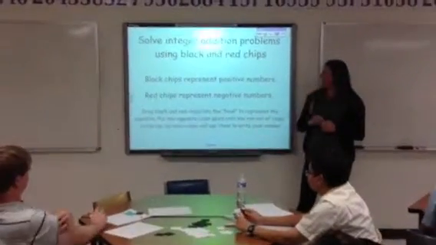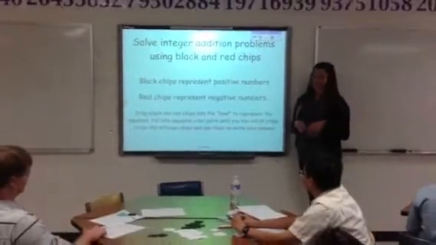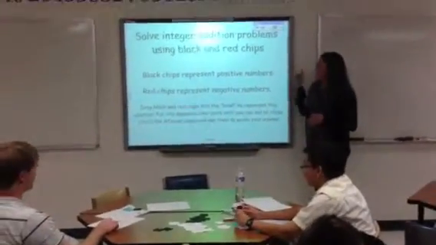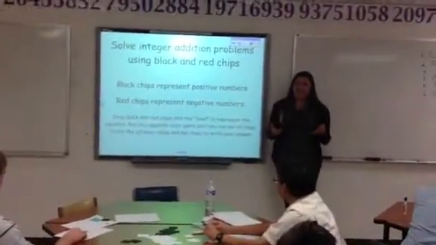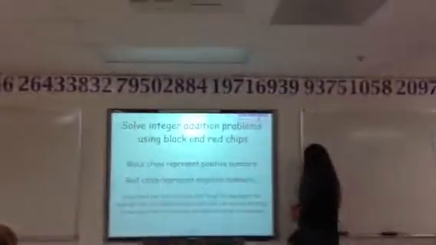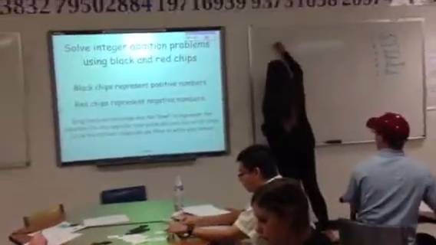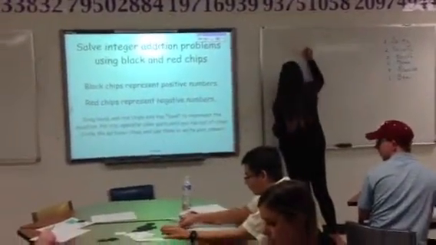Alright, so we'll do the beginning of this problem. So you all have your chips on your tables. On the board we're going to have black and red just because in the classroom they have black and red ones, but here we're going to use black and white, so we'll just pretend white is red for this case. So our black chips are going to be our positive numbers.